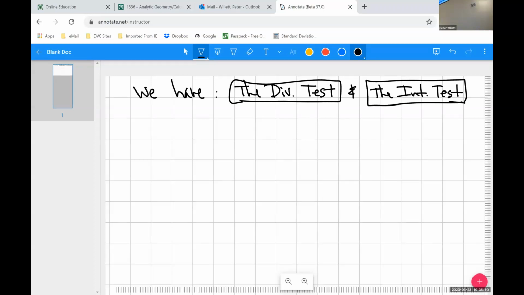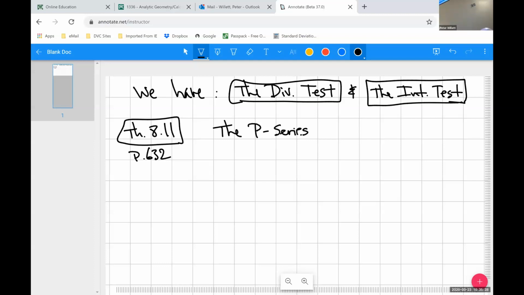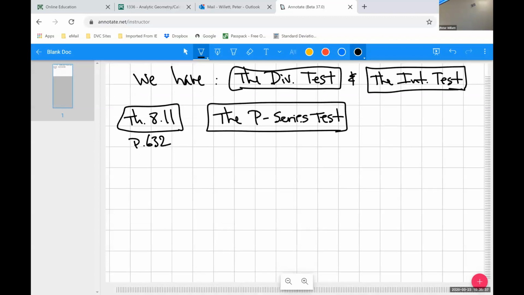The next one we're going to consider is Theorem 8.11 on page 632, which is called the P-series test. This will be our third test to add to our list of possibilities.